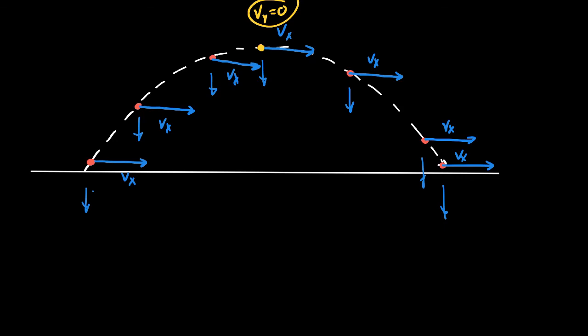So when it reaches its maximum height, its horizontal velocity still is the same, its vertical velocity is 0, but it's still accelerating at 10 meters per second squared. The path of a projectile. Remember, the path of a projectile is called the trajectory.